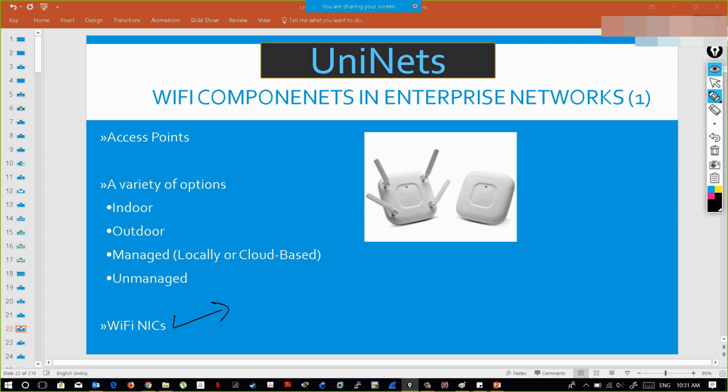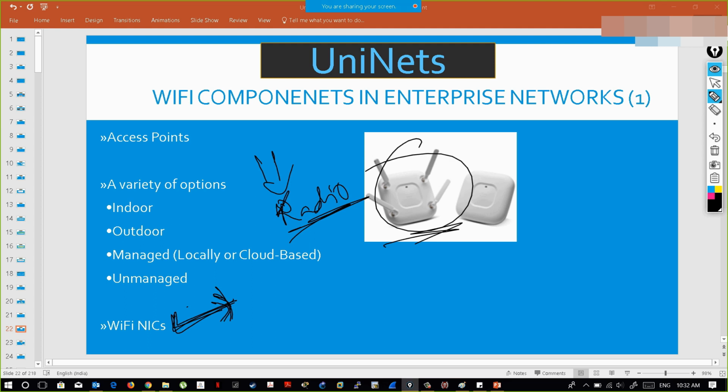But in today's technology, we use Wi-Fi NICs, which are wireless NICs. Whatever signal is received by these NICs from my PC, they will convert into radio waves and send. So these Wi-Fi NICs are the most important things for access. And even these devices must have Wi-Fi NICs, then only they can communicate.